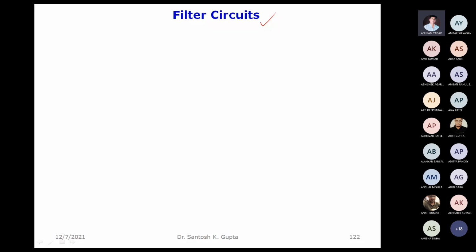There are more mathematical details here, but we shall go quickly. There is no need to go through each and every step. We shall just look at the concept of how these filters are able to remove the varying components, and what are the different ways by which we can do so.